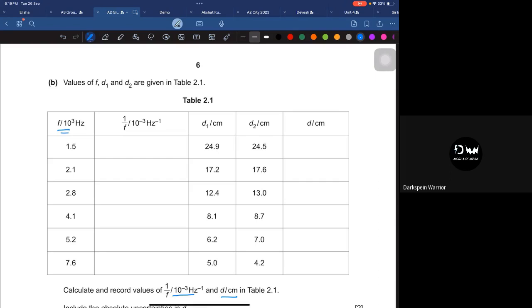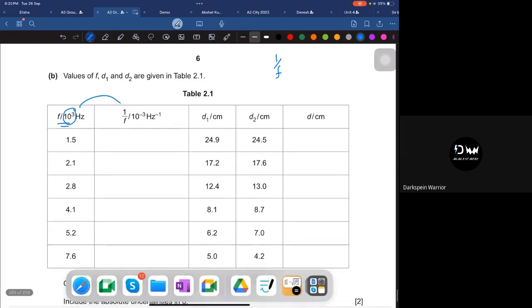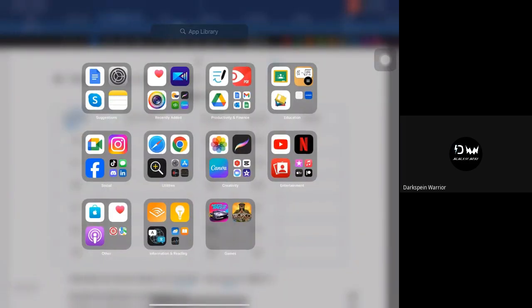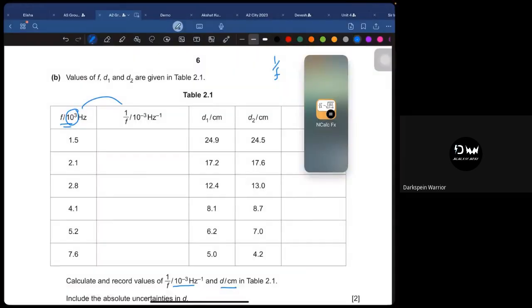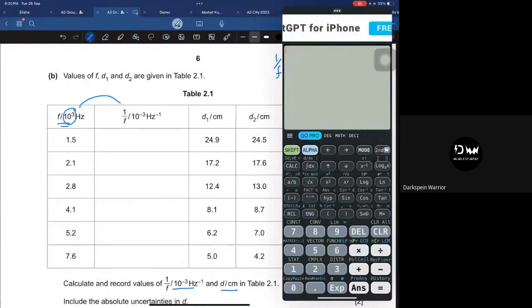All right. So then it's going to be 1 upon f. So when you do 1 upon f, automatically this is going to change into minus 3. So you don't have to convert 1.5 into 10 raised to minus 3. You can directly divide like this. So what you're going to do is just use the calculator. Let me show you. So you just need to do 1 divided by 1.5.